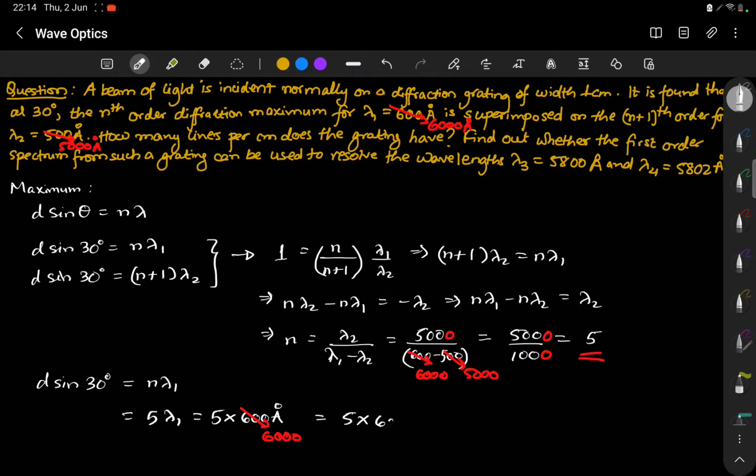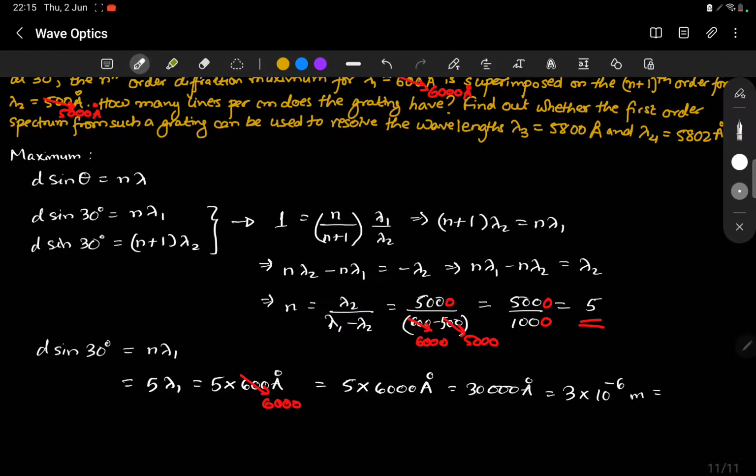So this is 5 into 6000 angstroms, and this is equal to 30,000 angstroms, which is equal to 3 into 10 to the power minus 6 meters, which happens to be equal to, if we write it in centimeters, 3 into 10 to the power minus 4 centimeters.